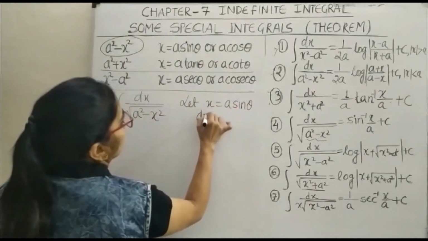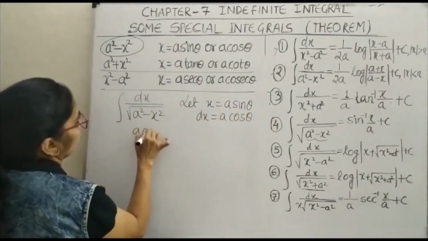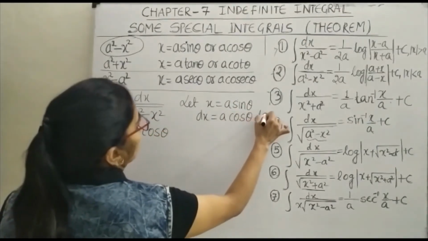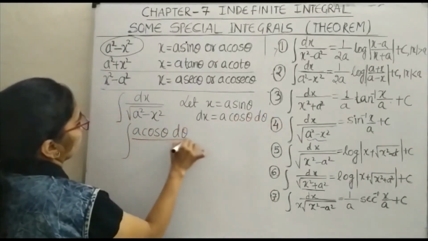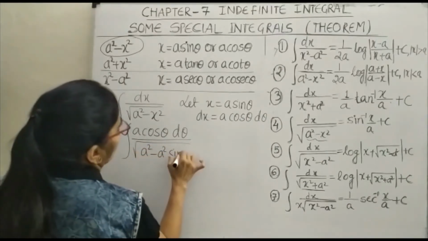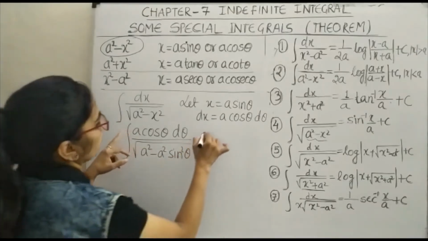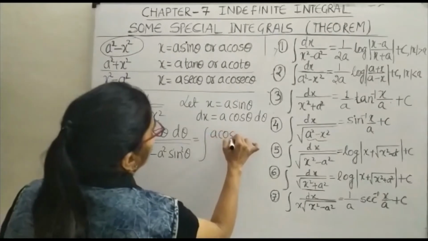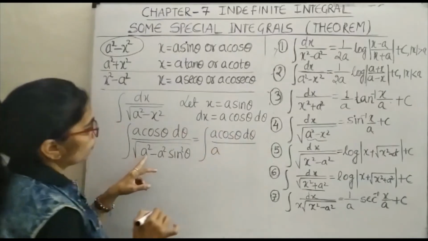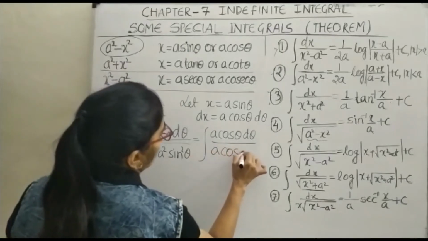Then dx is equal to a cos theta d theta, and here it will be under root a square minus a square sin square theta. Now just see, this becomes a cos theta d theta upon a times under root 1 minus sin square theta, which is cos square theta. So this will be a cos theta.